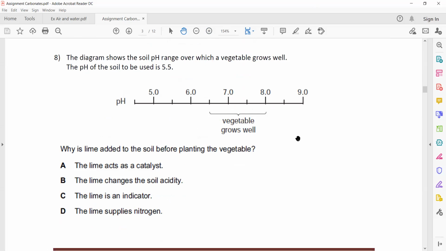The diagram shows the soil pH range in which a vegetable grows well. The pH of the soil used to be 5.5. Why is lime added to the soil before planting the vegetable?